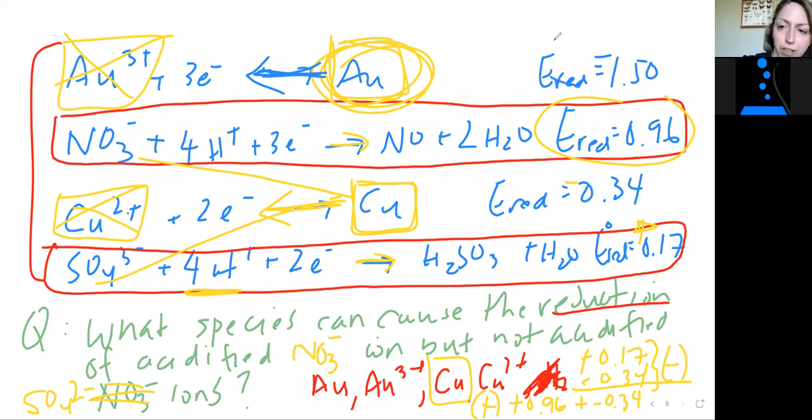So if we change that to oxidation, that's a negative 1.5. By gold being oxidized, it would not be able to cause the reduction of either one, because a negative 1.5 with a positive 0.96, or a negative 1.5 with a positive 0.17, either way you cut it, negative 1.5 is not going to make a positive E cell with either one. So gold would not have enough potential to cause a reduction of either one. So there you go.